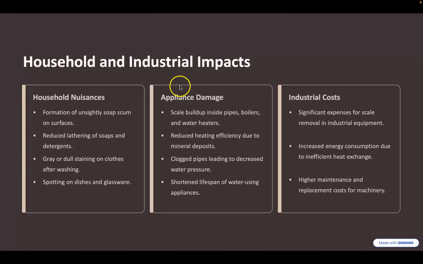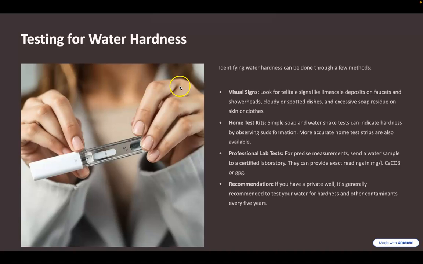Industrial costs: significant expenses for scale removal in bigger industry, mostly in the cooling pipelines, and increased energy consumption due to inefficient heat exchangers. After this scale is formed inside the heat exchanger pipes, then their efficiency decreases. Then higher maintenance and replacement cost of the machinery also increases.